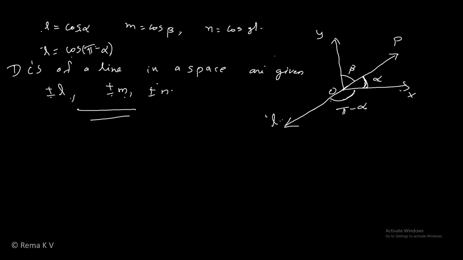Okay. So for a line, there are two sets of direction cosines. One is plus l, plus m and plus n. The other one is minus l, minus m and minus n.